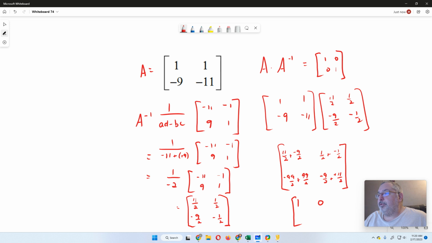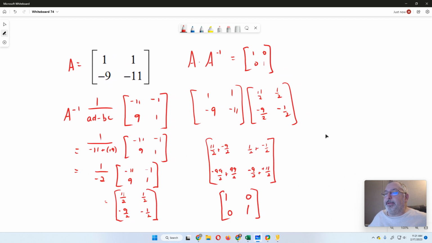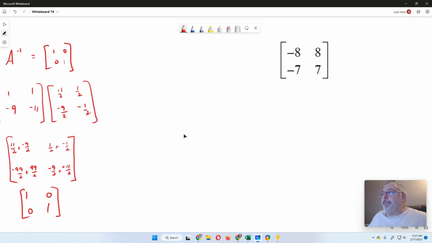Negative 99 over 2 plus 99 over 2 is 0. And then negative 9 over 2 plus positive 11 over 2 is 2 over 2, which is 1. So we got the identity matrix. So that's the process for a 2x2 matrix. And then you can check, make sure you got the right answer.